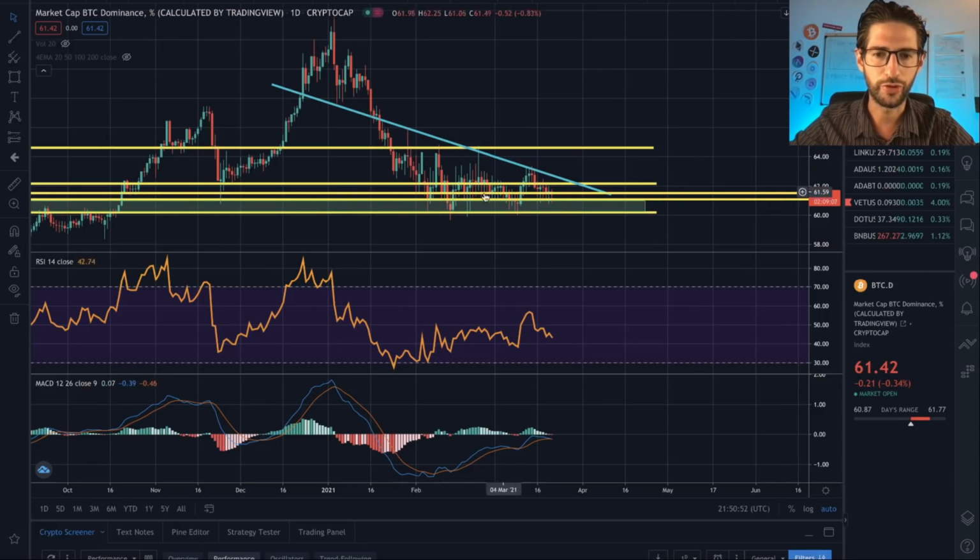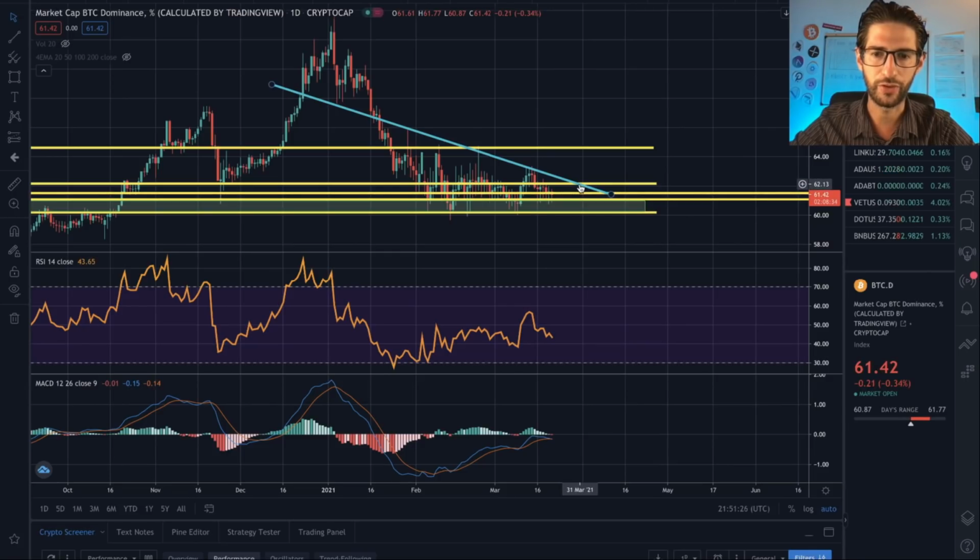And into our support now, I marked this rectangle section, and we have been chopping around here for a while. And now we are condensing into this trend line, and we probably could see, in these few weeks into the end of March, beginning of April, some movement on this Bitcoin dominance.